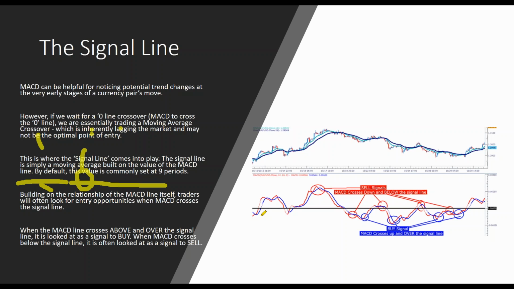Now, it also moves above and below, and it also crosses here, which aren't the same crosses as here, because the divergence over and under here, where the moving averages cross, is only the red line. So the MACD uses a combination of these crossovers and the signal line, which is the average.